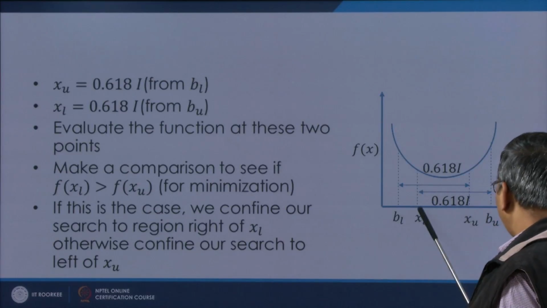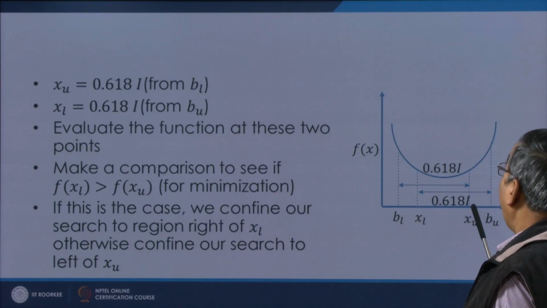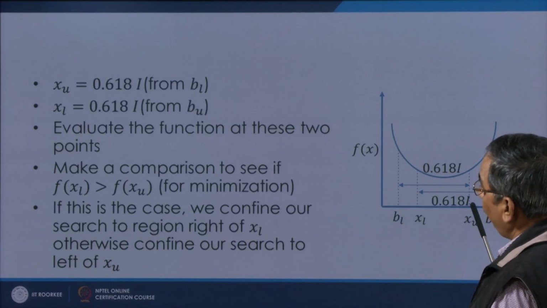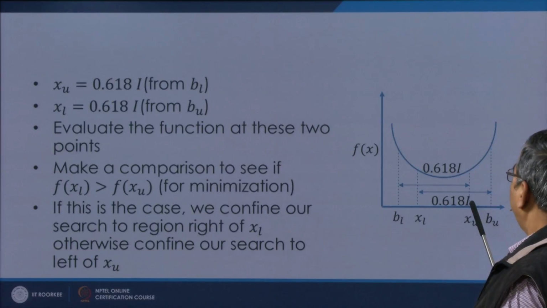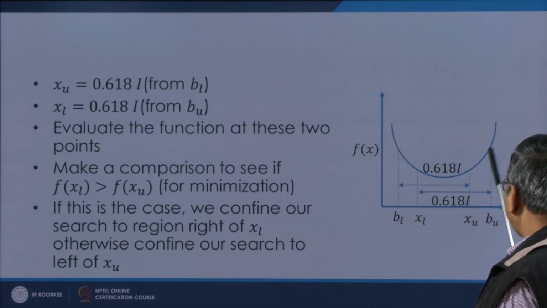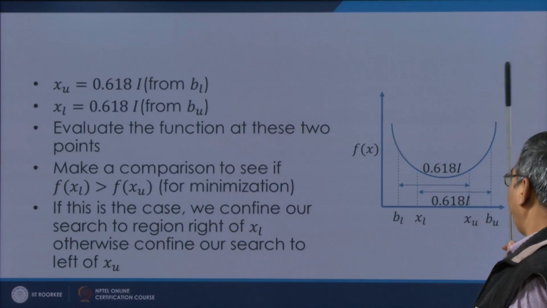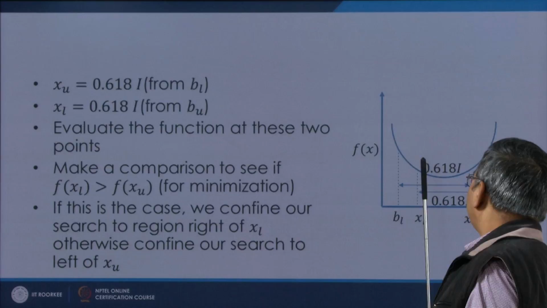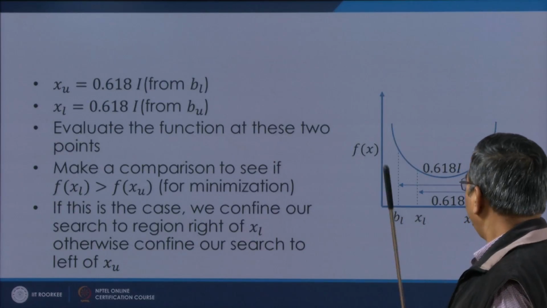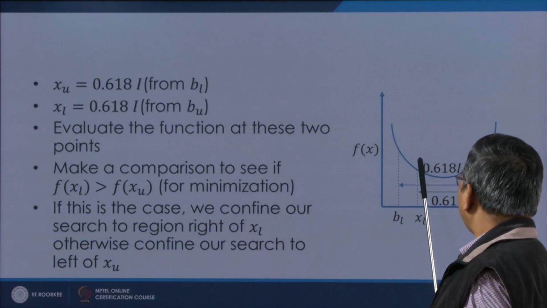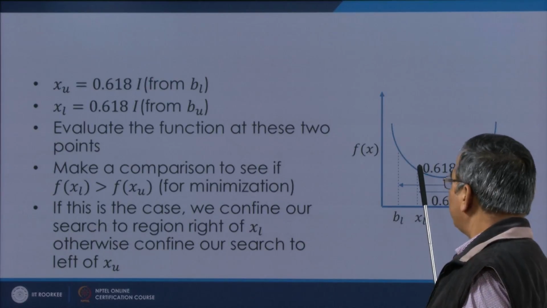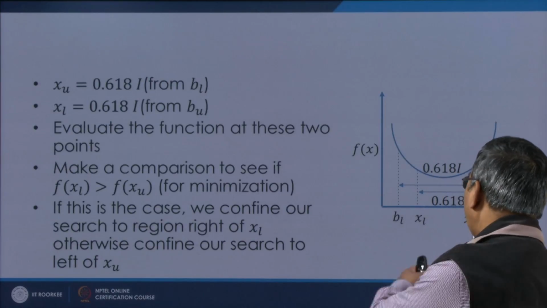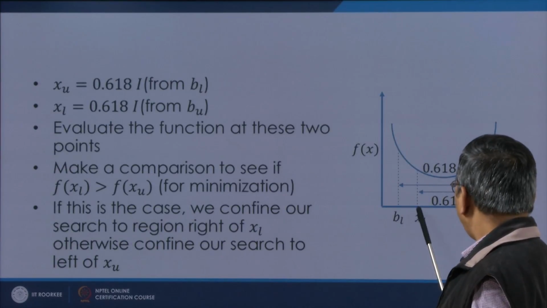If this value is more than this one and we are looking for minimization, and we have already assumed that the function is unimodal, then we remove this part of the segment from our search. Because we have already seen that f(XL) here is more than f(XU), we are not interested in the left hand side area of XL.